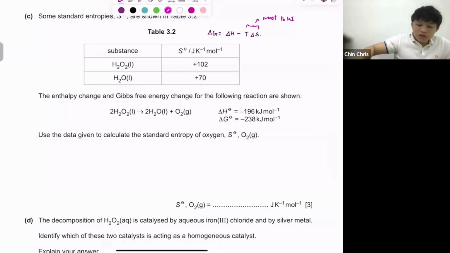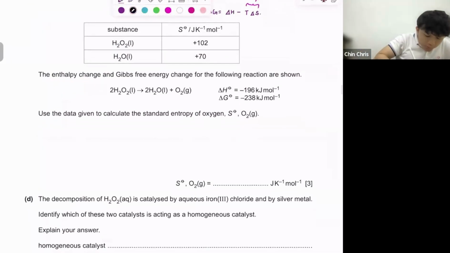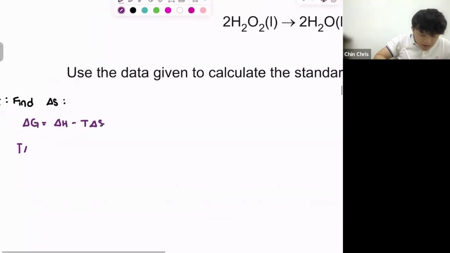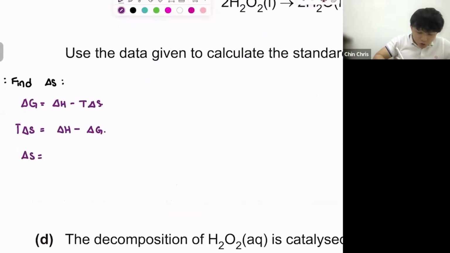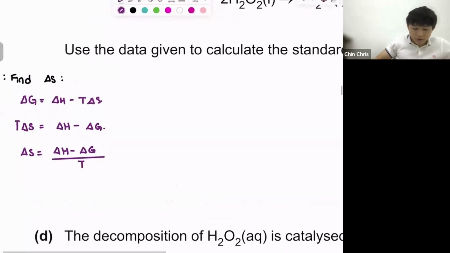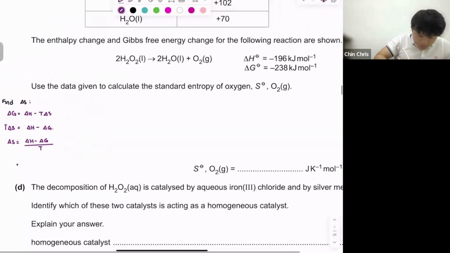So guys, my first step involves finding delta S. How to find delta S? Formula delta H minus T delta S. So can I say that T delta S equals delta H minus delta G? Can I say that delta S equals delta H minus delta G divided by T? Let's plug it in.